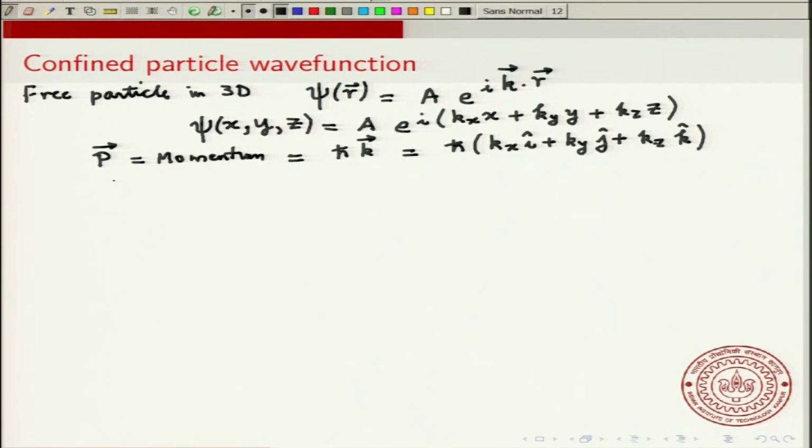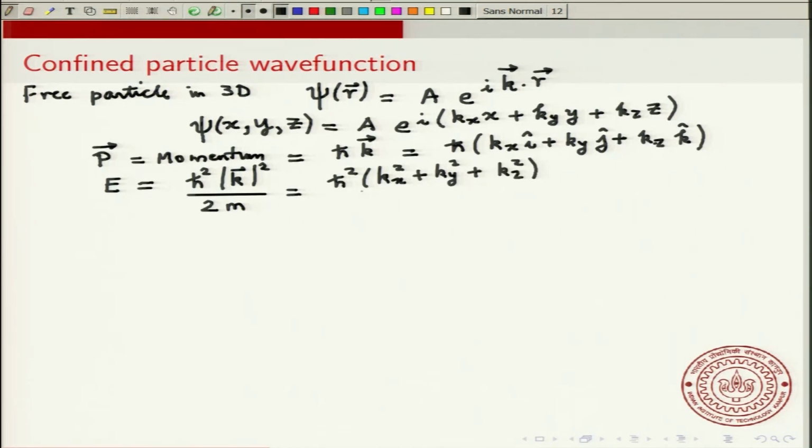Okay. The energy of this particle is just h cross square times k vector square, that is the same as k dot k, divided by 2 m. So, I can also write this as h cross square times k square, where k square is k dot k, which I can write as k x square plus k y square plus k z square, divided by 2 m.